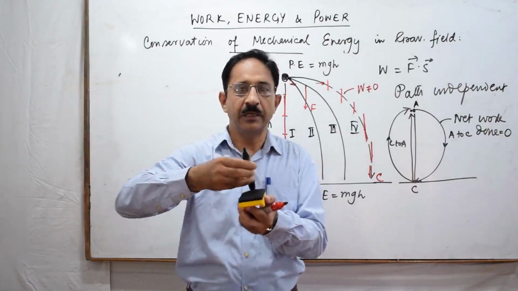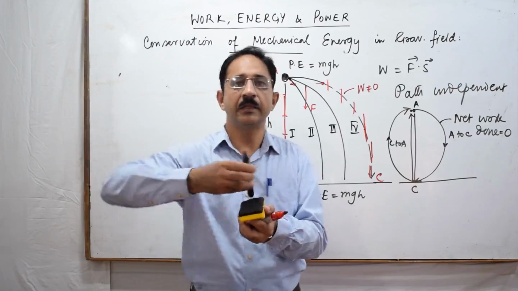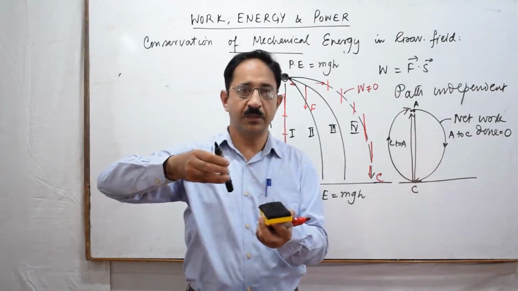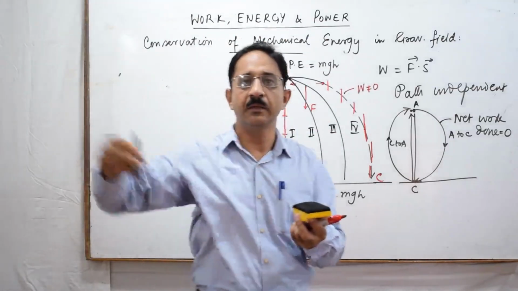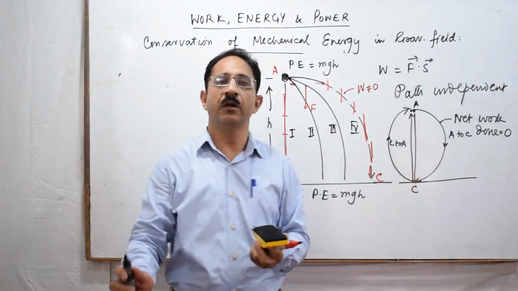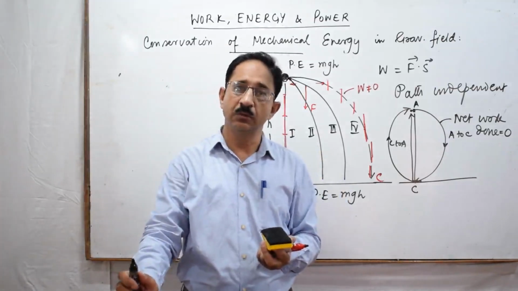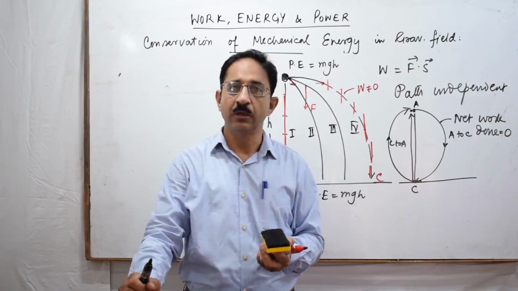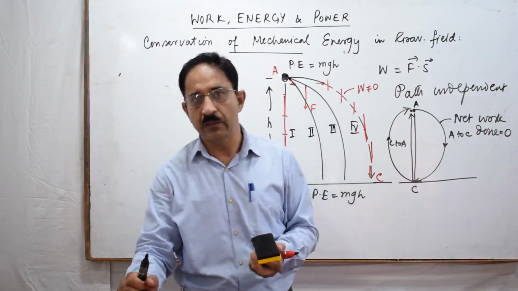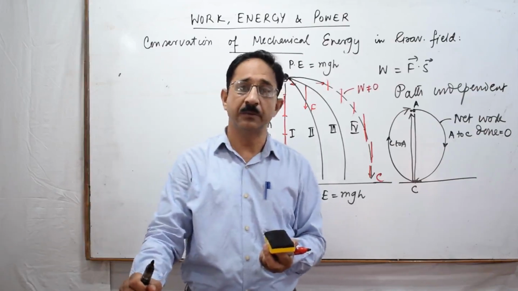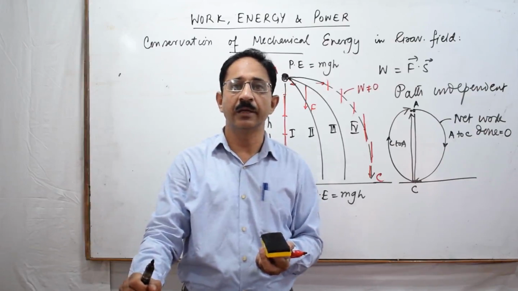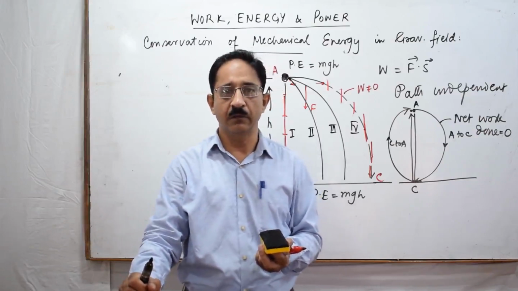That means if I take a small path, then I take a large path in presence of friction, then I take a still large path, the net work done will not be equal to 0, because you are losing some energy to friction in the form of heat or some other form. Because of that, the total work done around the closed path will not be equal to 0.